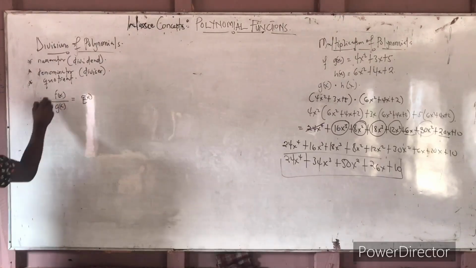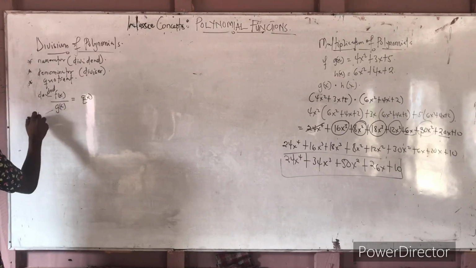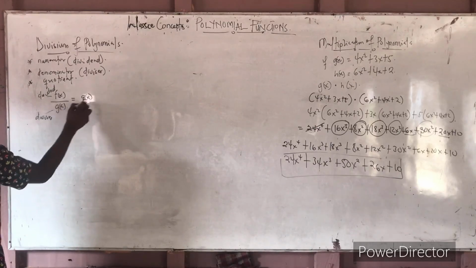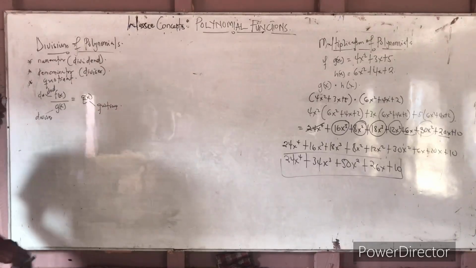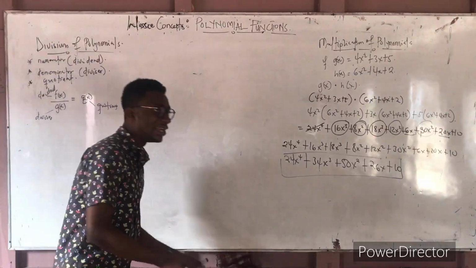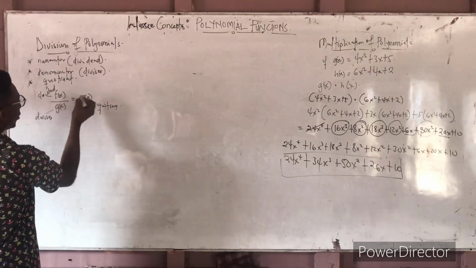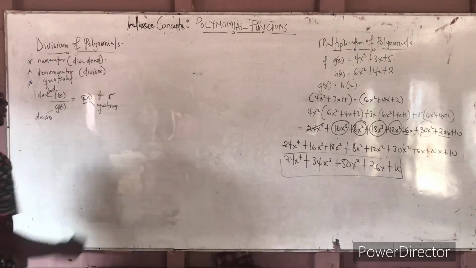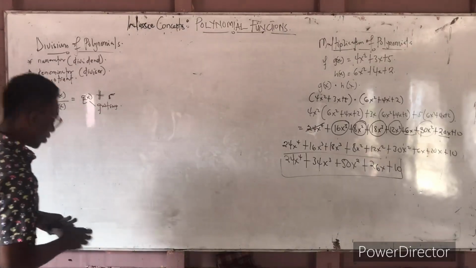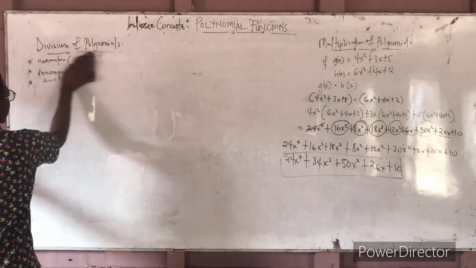A quotient. So this one is the dividend, the divisor, and this is the quotient. So these are three things you are supposed to take note of in polynomials. So anytime you divide, you can also get a remainder. Okay. So now let's take some examples using the long division method.